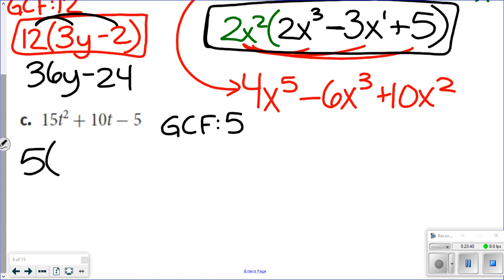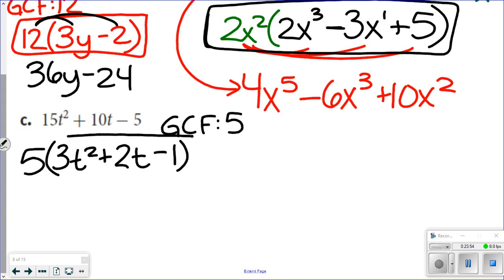Okay, so divide our numbers. 15 divided by 5 is 3. Leave the t squared. 10 divided by 5 is 2. Leave the t. And 5 divided by 5 is just 1. And again, if I use the distributive property that we learned before, I would get exactly what I started with.